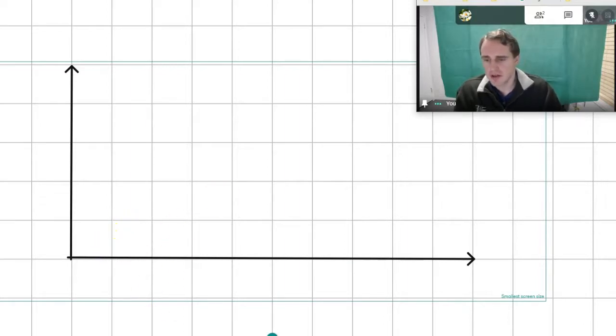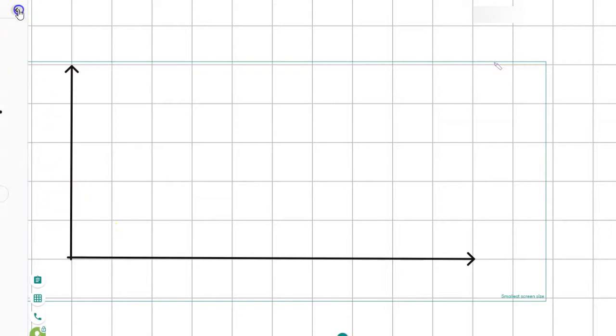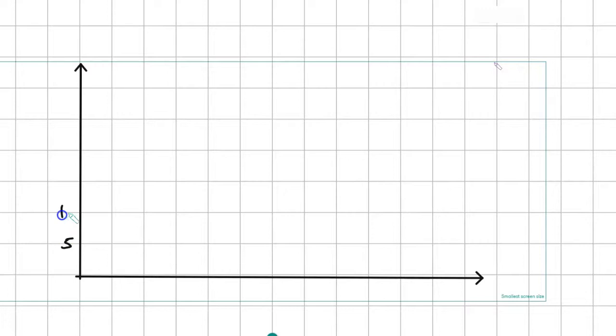So let's have each of these tick marks be about 5 feet. This is 5, 10, 15, 20, and then we're going to run out of room quick. 5, 10, 15, 20, 25, 30, and then 35 somewhere about at the top.